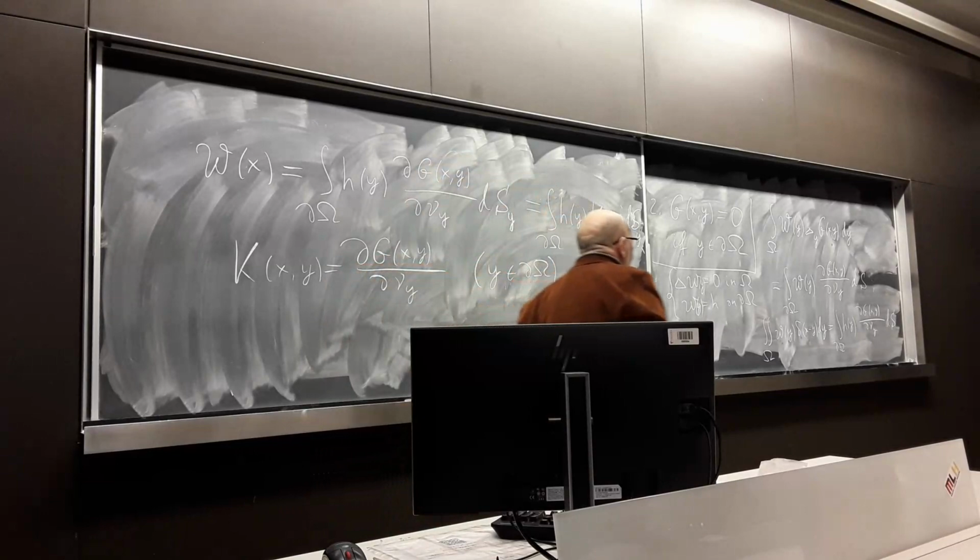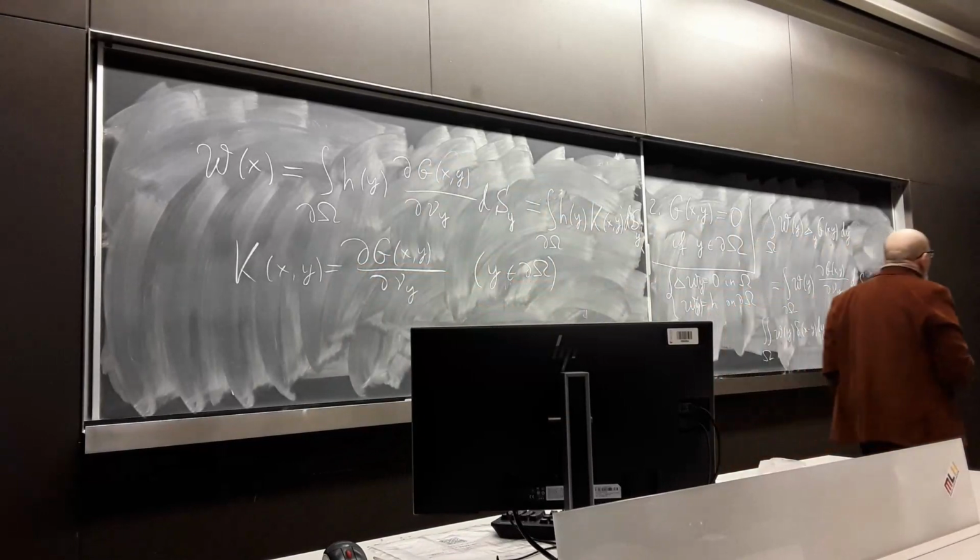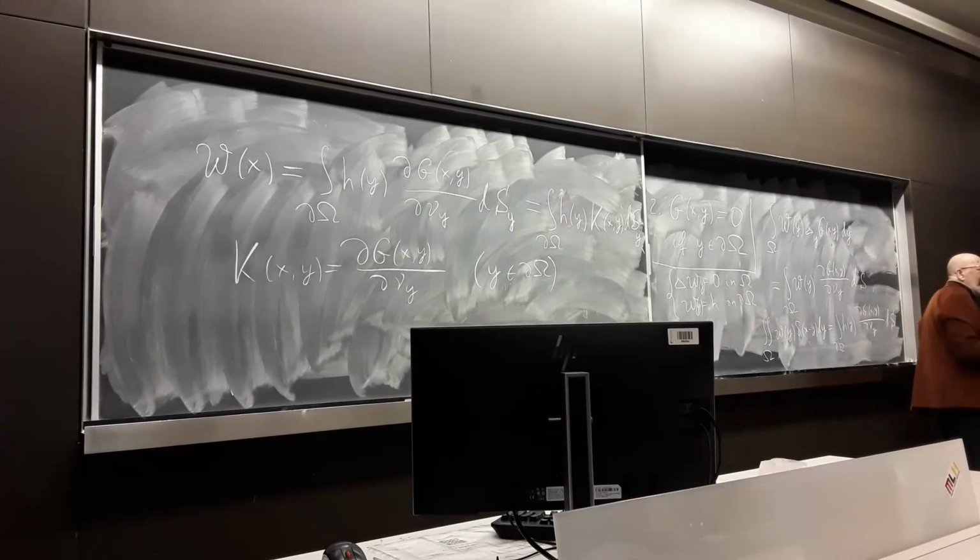Now, if we want to write this formula, we should have at least that the normal vector to the boundary exists at the point y. So the boundary should be differentiable to have a normal vector. We can weaken this condition a little and say that the boundary is piecewise differentiable.